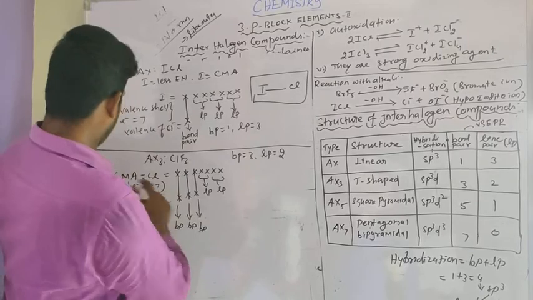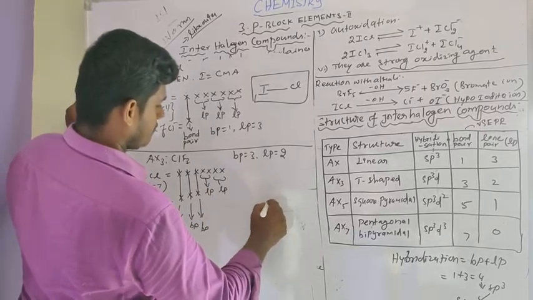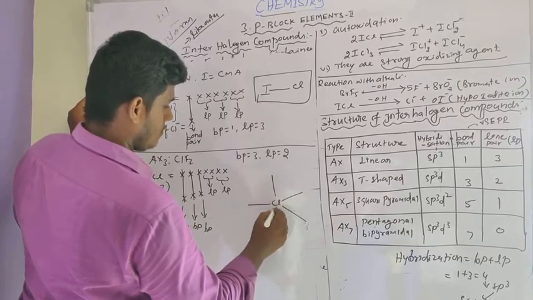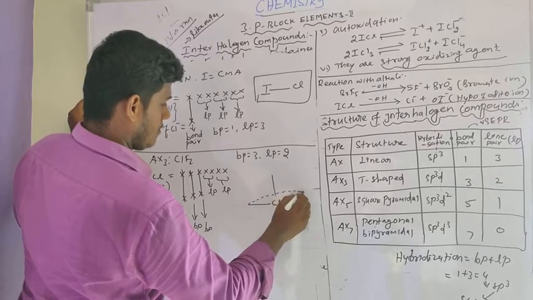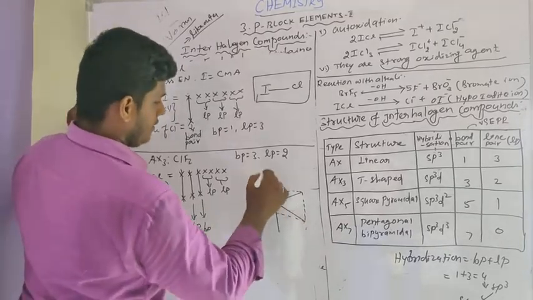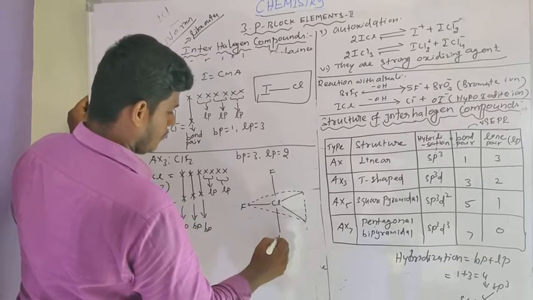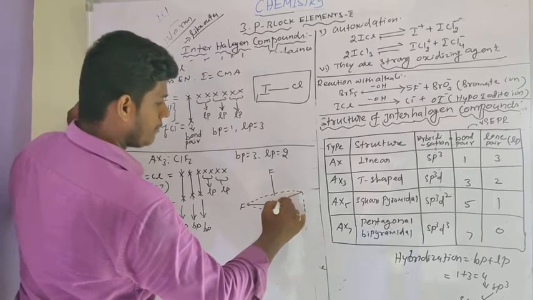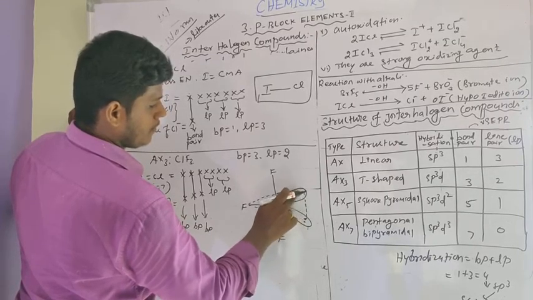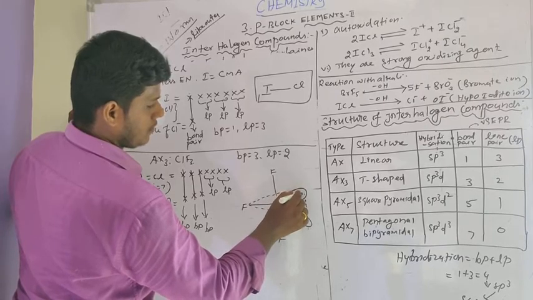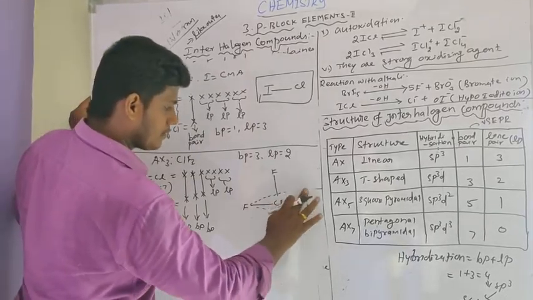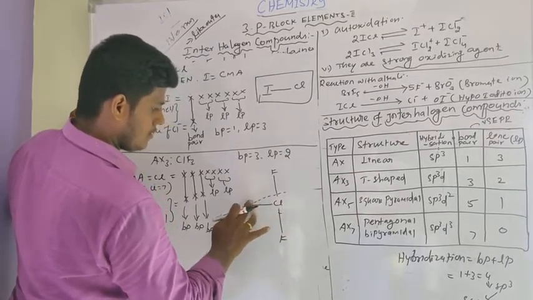So the central atom here is chlorine, Cl, with 3 fluorines attached: 3 bond pairs and 2 lone pairs. These are lone pairs. So when the lone pairs are left out, we get the T-shaped structure.